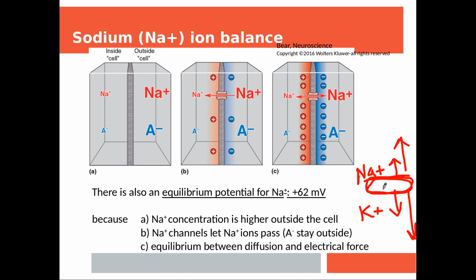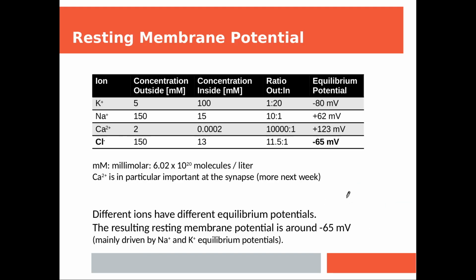If more sodium goes inside, it will go up, which makes the potassium ones try to leave the inside of the cell faster, right? And so you'll get a balance, an equilibrium of all the different ones at the same time. That's what causes the resting membrane potential. It's the combination of all the different equilibrium forces and electrical forces together.